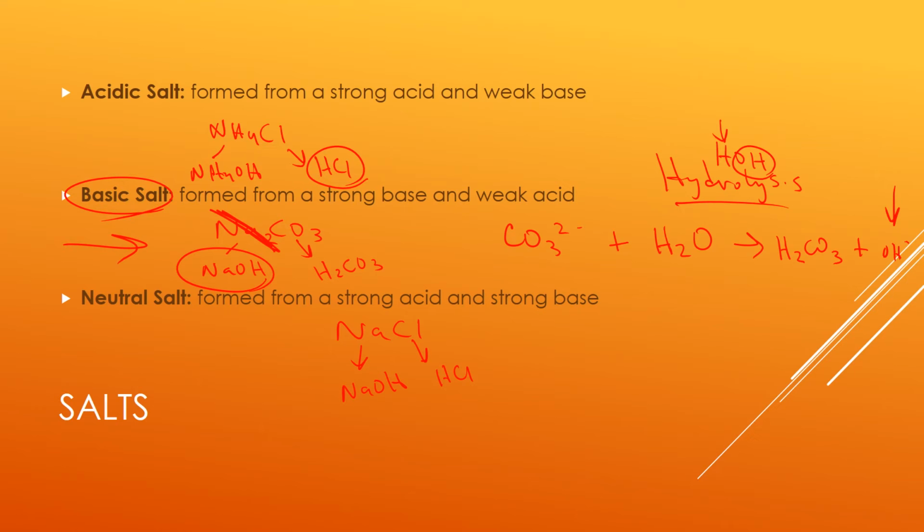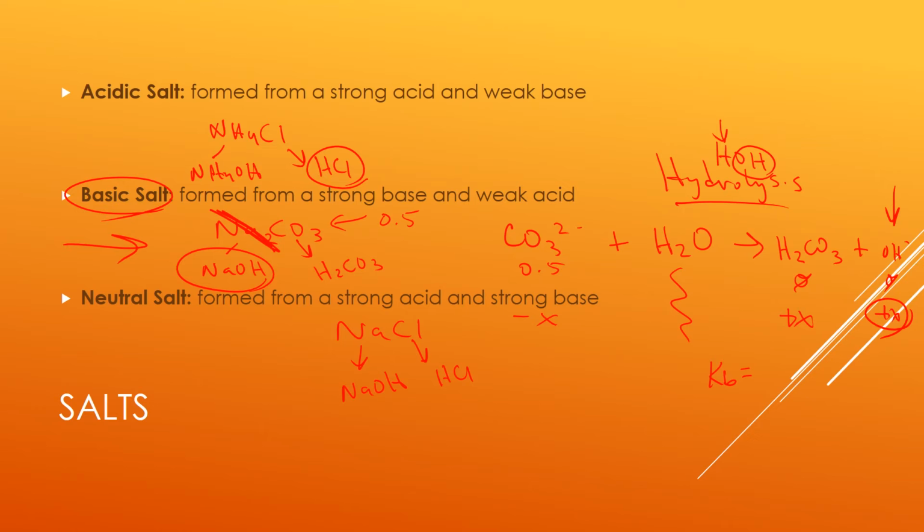In order to find the pH of a salt, I basically set up my RICE chart. So let's say that my concentration of this Na2CO3 was 0.5. So I would start with 0.5. Water doesn't get included, so this would start out at 0, 0. And in this case, this is plus x, minus x. I use a Kb expression to solve for x, and x is my OH- concentration, so that's what I'm looking for.